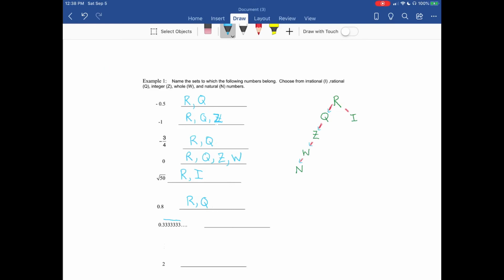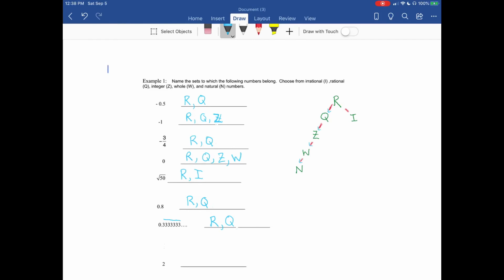So this is a decimal that repeats. So this is a real number. It is definitely rational because it is a repeating decimal. And it is not an integer because it is not a whole number. So we're left with real and rational.